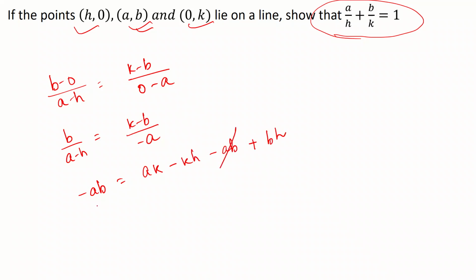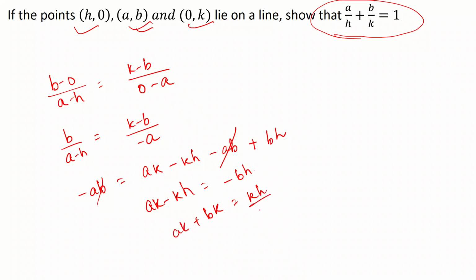Minus ab and minus ab cancel out. I get ak minus kh is equal to minus bh. So I have to prove that. Let's take bh on one side and kh on the other side. So ak plus bh is equal to kh.